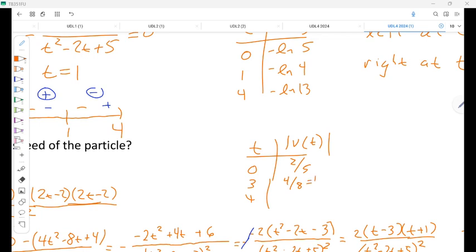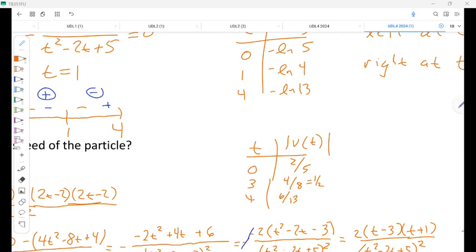Which is 1/2 last time I checked. Hey, these are things we can do in our head. And then with 4, that's going to give us 8 minus 2, which is 6 in our numerator. 16 minus 8 plus 5, that's going to be 8 plus 5, 13. Yeah. All right.